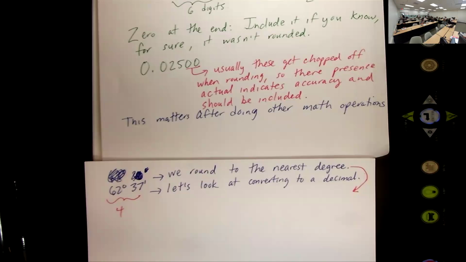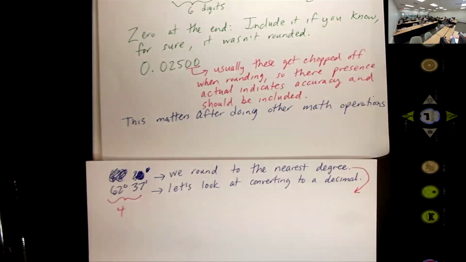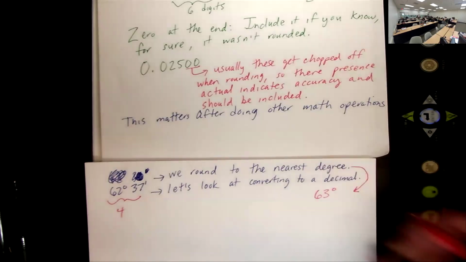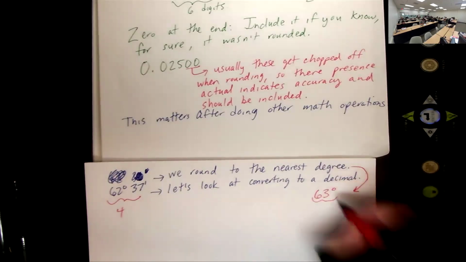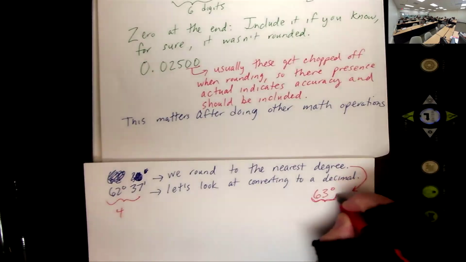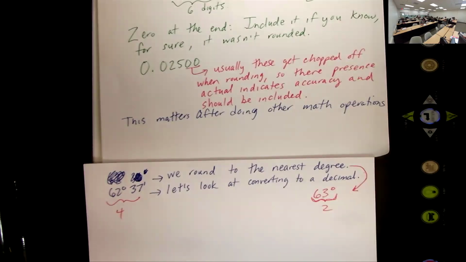You're used to thinking like halfway mark, like with money would be 50 cents. But in minutes, anything past 30 is past the halfway mark. So past the halfway mark here would be 63 degrees. How many digits do we have here? 2. Which is fine. As long as we don't have more digits than we started with, we're good.